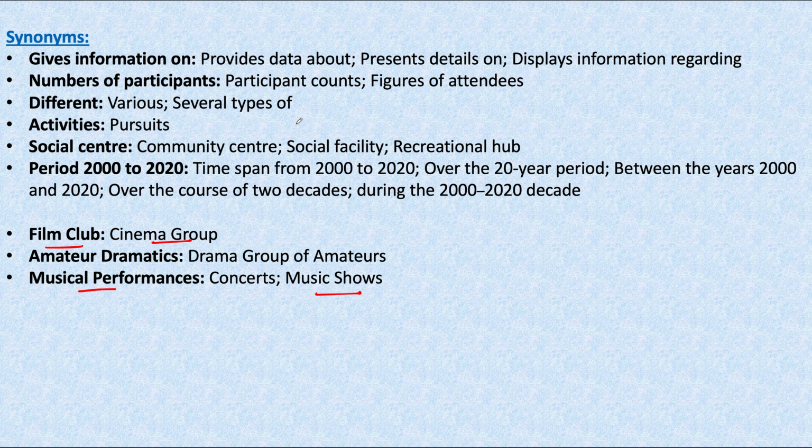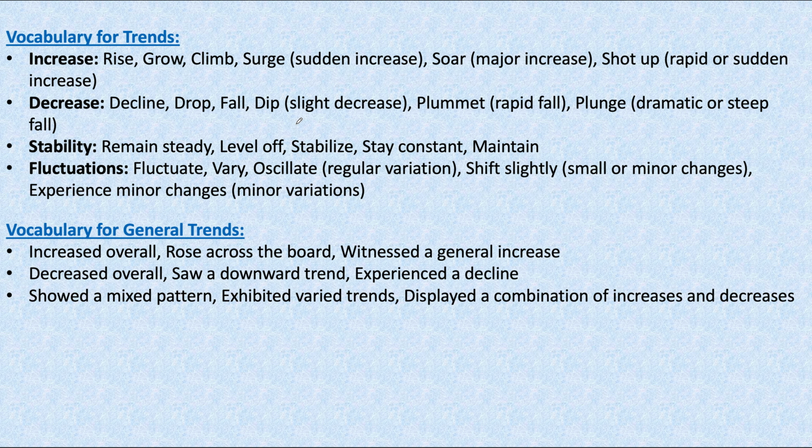Besides these synonyms, we also need a variety of vocabulary to describe trends, comparisons, and figures. For trends, it's important to use different words for increases, decreases, stability, fluctuations, and overall trends. As we use these words, we must understand any differences in their meanings.